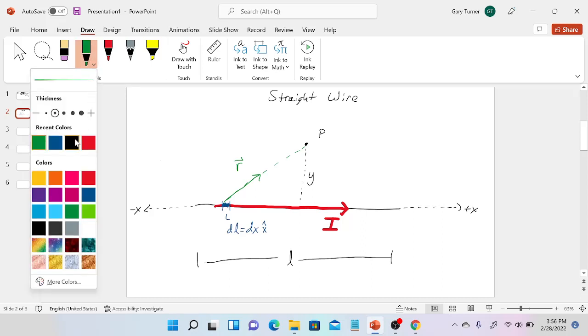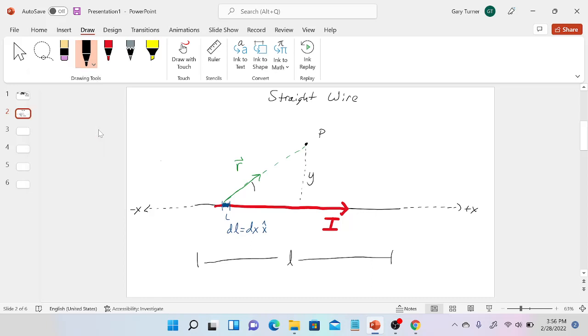And we can even go a step further and say that r makes an angle theta with respect to the x-axis, and therefore we might find these relationships useful. x is going to equal r cos theta, y is going to equal r sin theta, and y over x is going to equal tan theta.